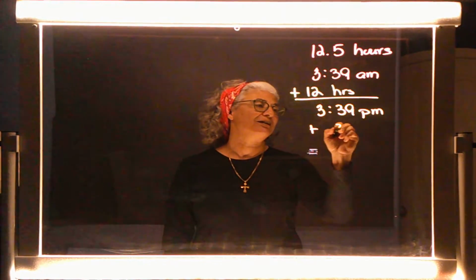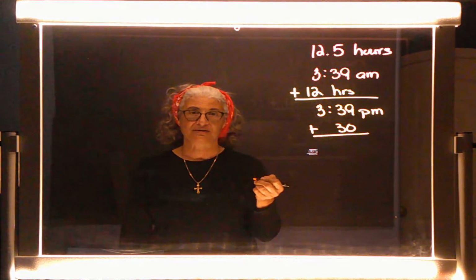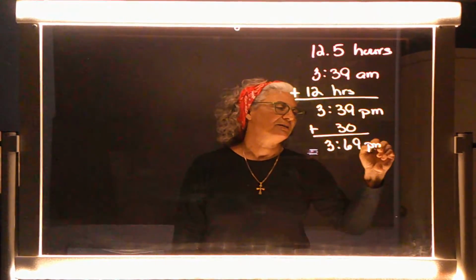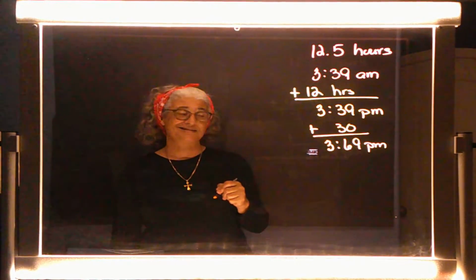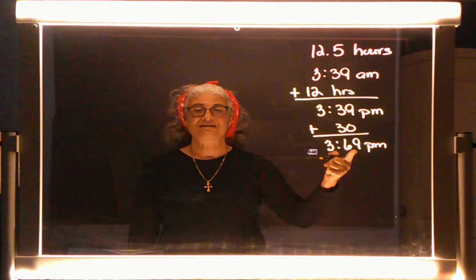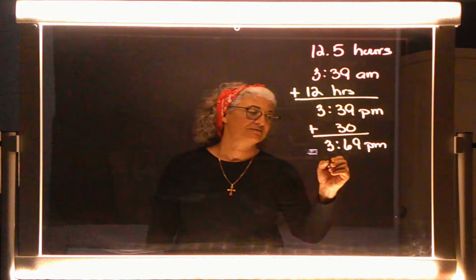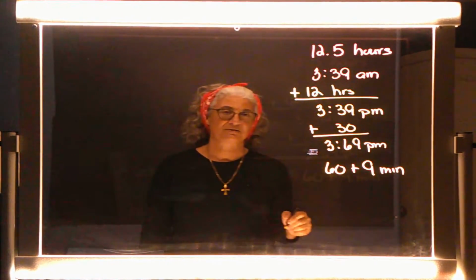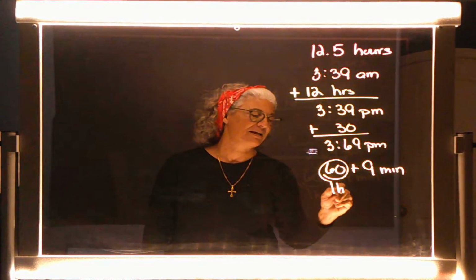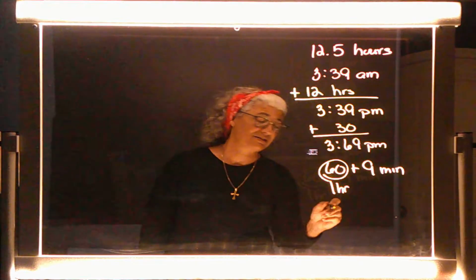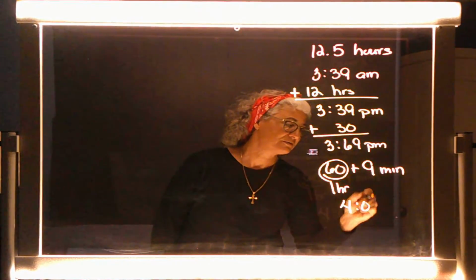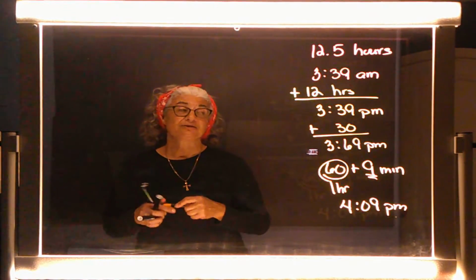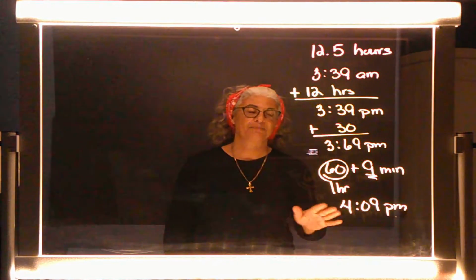I need to add another 30 minutes to it, which would put us at 3:69 p.m. Well, that's kind of odd. 69 p.m.? That's 60 minutes plus another 9 minutes, isn't it? Well, this 60 minutes is an hour, isn't it? So 3:69 p.m. is 4:09 p.m. Cool?